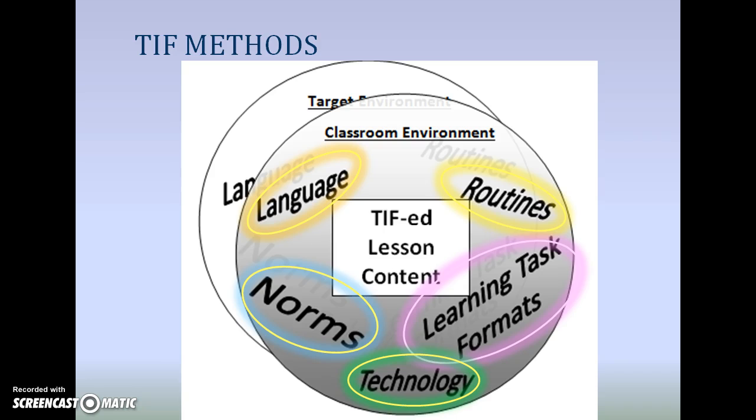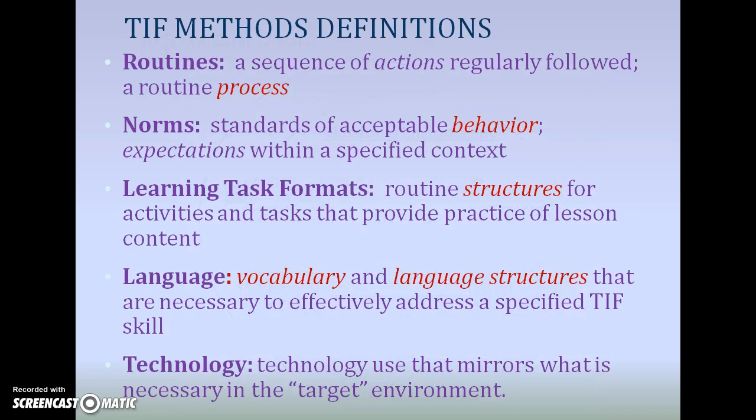Let's look deeper at what each of these are. So the TIF methods are the routines, are a sequence of actions regularly followed, a routine process. In fact, you could argue that all 5 of these are routines if they are used in a systematic way.